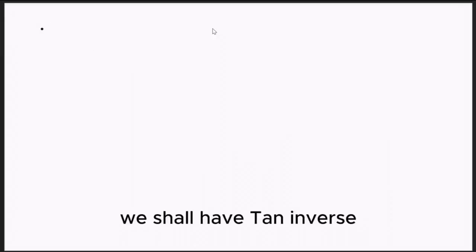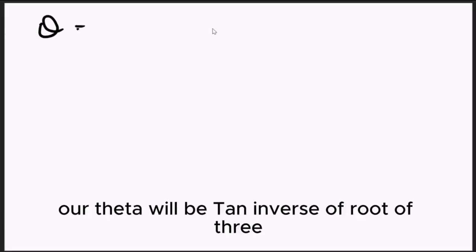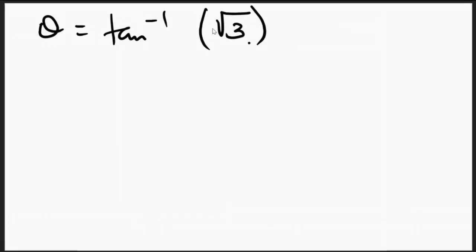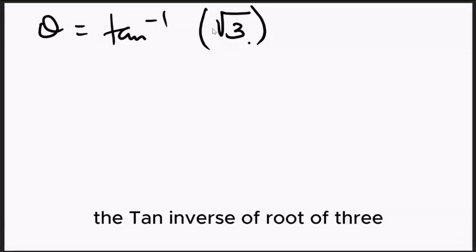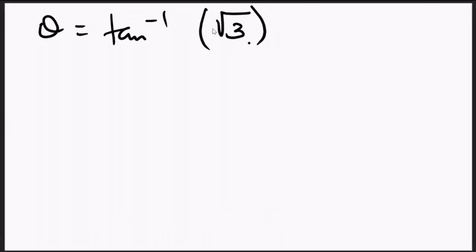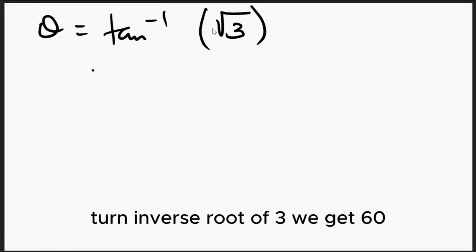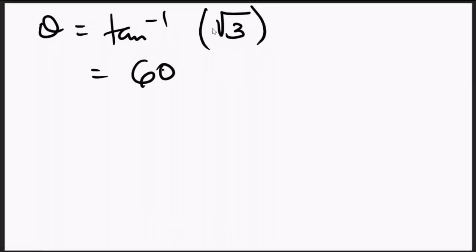Our theta will be tan inverse of root of 3. So let's check from the calculator the tan inverse of root of 3. Tan inverse root of 3, we get 60.